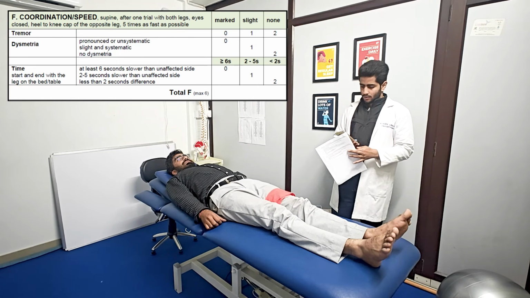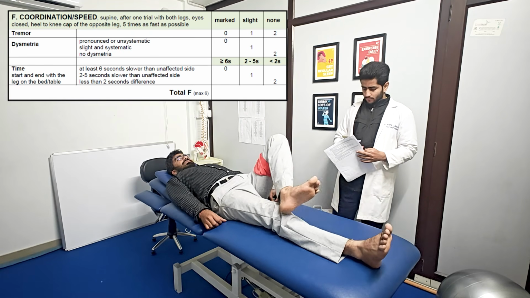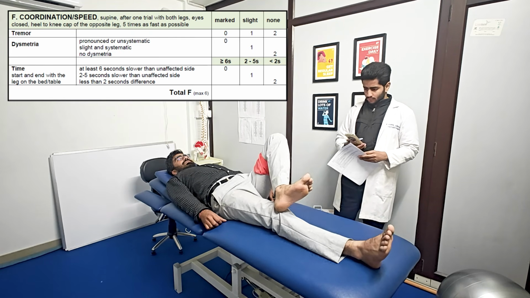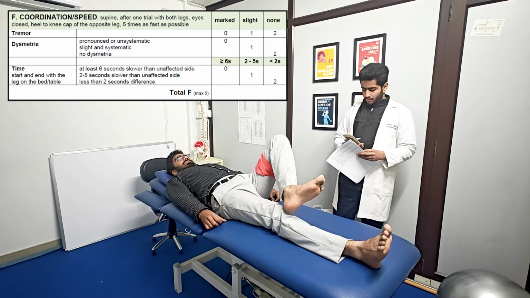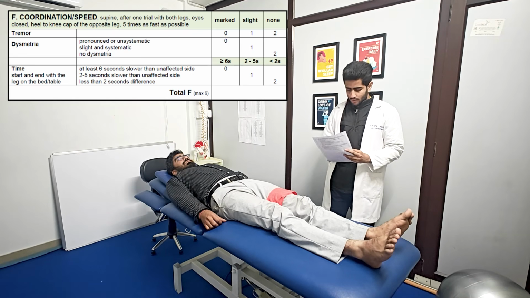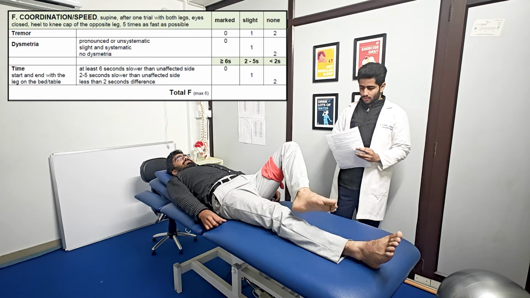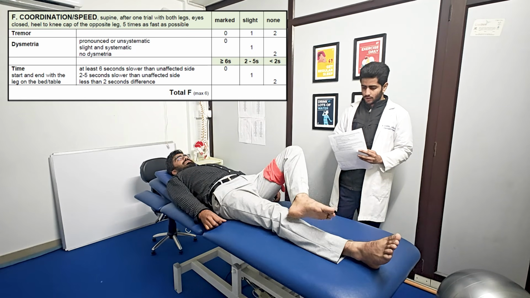Therapist has to note the time in which 5 repetitions are completed, based on which the scoring is done. Also, therapist has to look for tremors and dysmetria during the task performance, as these are also marked in scoring in this section.